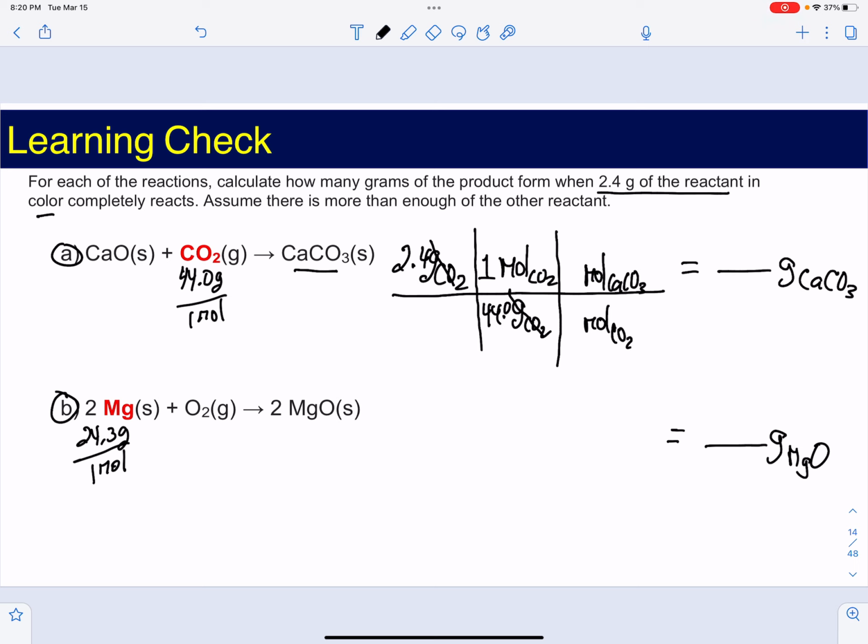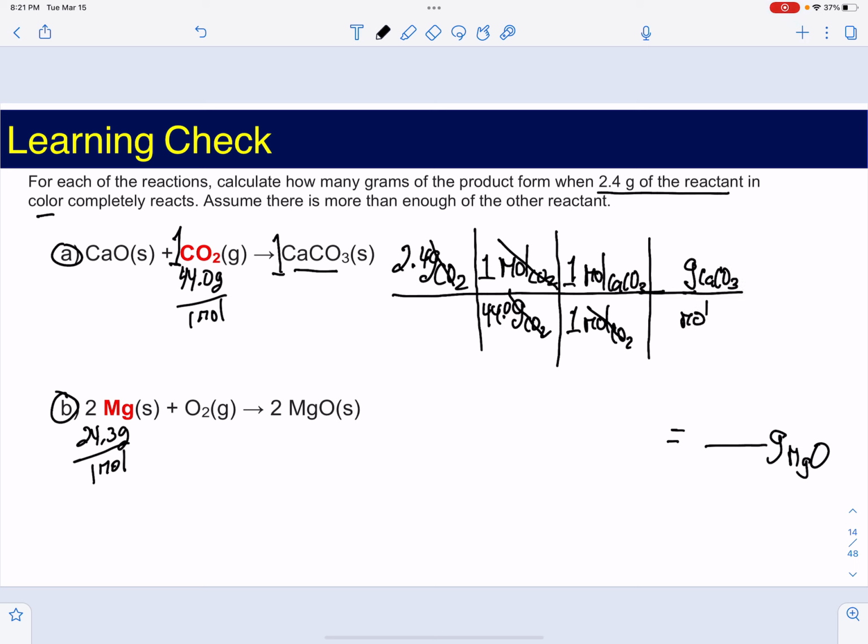And this is the mole to mole ratio. So I'm going to go to my balanced equation. For every 1 mole of calcium carbonate, I need 1 mole of CO2. But I don't really want the moles of calcium carbonate, because what I want is the grams of calcium carbonate. And that's nothing more than molar mass, grams over moles.